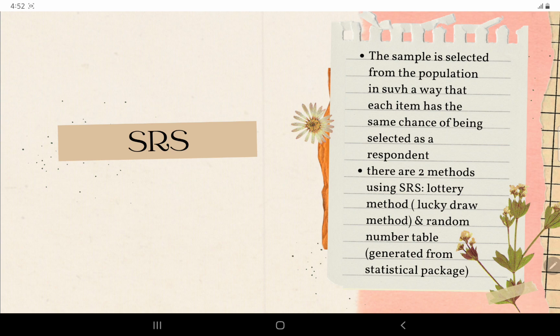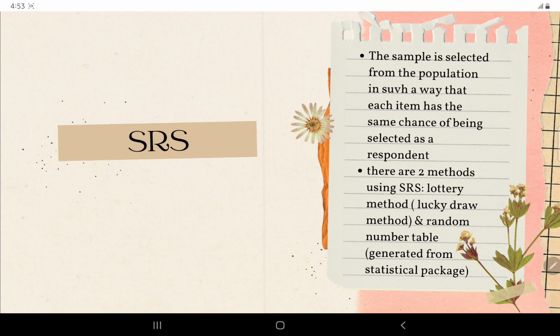Okay, second one is for random number table. Okay, dia guna statistical package. Okay, for example, in the same case, if we want to choose 5 samples from 40 peoples, okay, 40 students, so the first step is we need to have a list of these 40 names. Okay, and then we need to generate different random numbers.